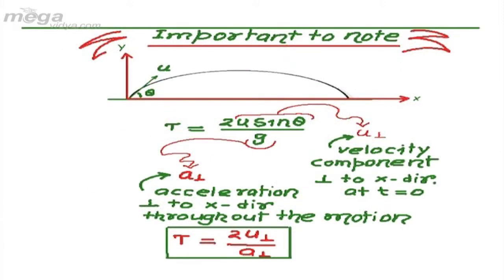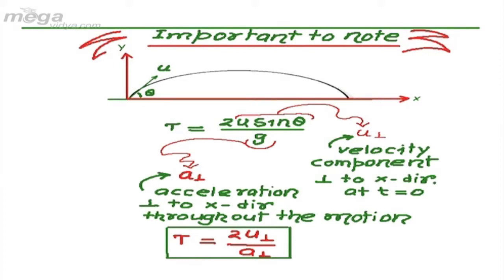So for the projectile thrown on inclined plane, I want to use a relation for the time of flight which we had discussed for a projectile which was thrown from ground to ground. The result which I will utilize here is that time of flight for a projectile thrown on ground is 2u sine theta divided by g.